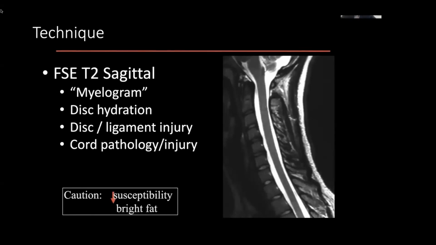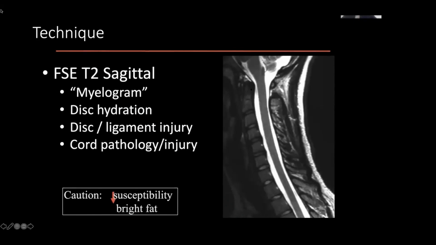And that being that it can either be the same as what it normally is, brighter than what it normally is, or darker than what it normally is. And oftentimes that's not specific, but if you look across multiple parameters, you can often utilize that in order to come up with a good differential and hopefully come up with a specific diagnosis.